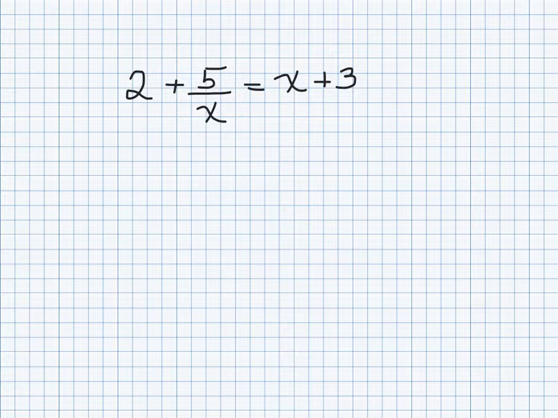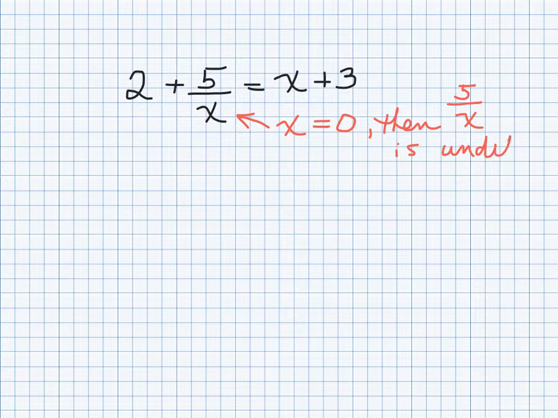And that answer is if x is equal to 0, then 5 over x would be undefined. So that's why it says that for answer A, undefined values, x cannot be 0.